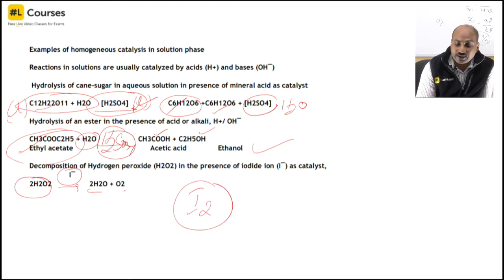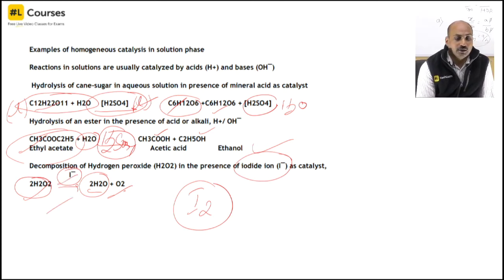That means we are passing iodine into water and you are getting the iodide ion. That is mixed with the hydrogen peroxide, and then we get the water molecule along with oxygen. Here also you have hydrogen peroxide in the liquid phase as well as the iodide ion which I have taken in the solution phase. So this type of reaction is also considered homogeneous catalysis in the solution phase.